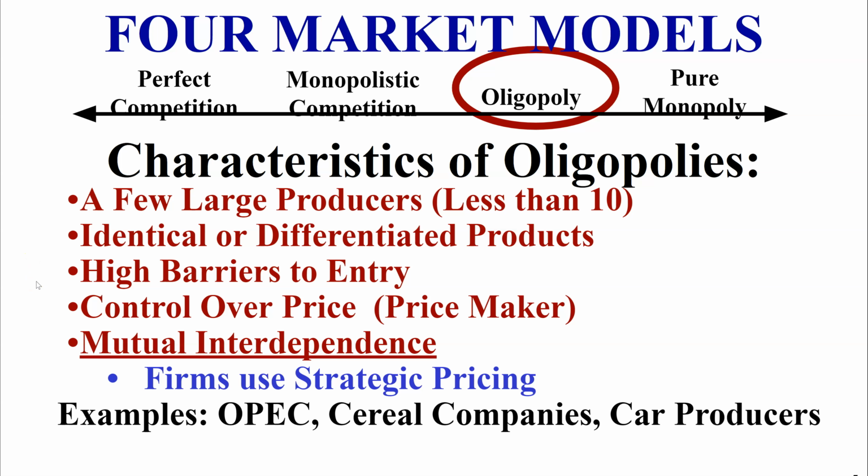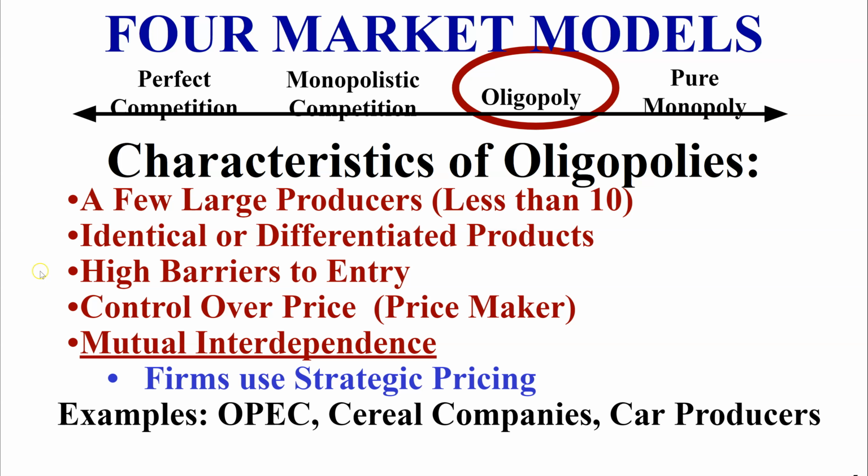And some examples of this, OPEC is probably the most famous oligopoly. The idea of a cartel is an oligopoly. And this is the Organization of Petroleum Exporting Countries, OPEC. They're exporting oil and basically selling it to other countries around the world that need oil in order to create gas and refine it into gas and other oil products in order to fuel their vehicles.